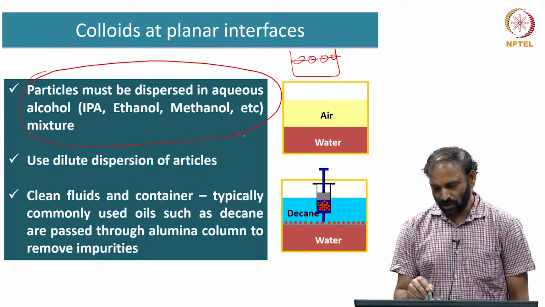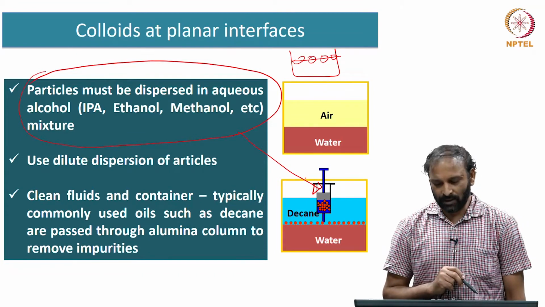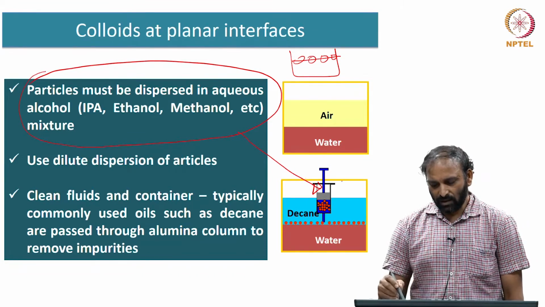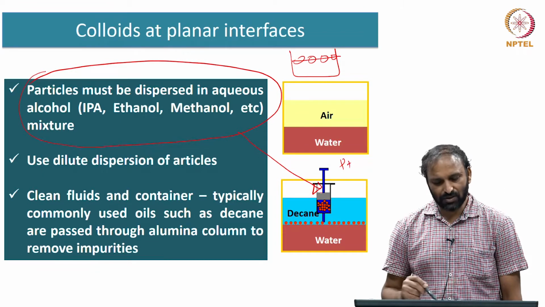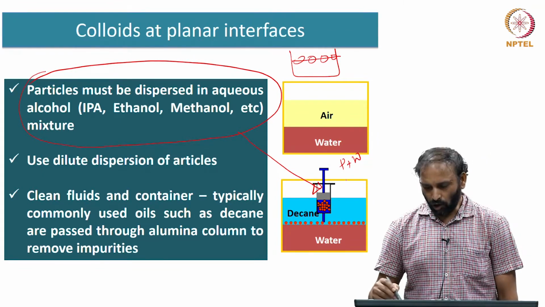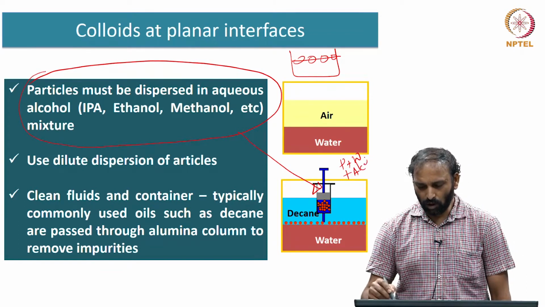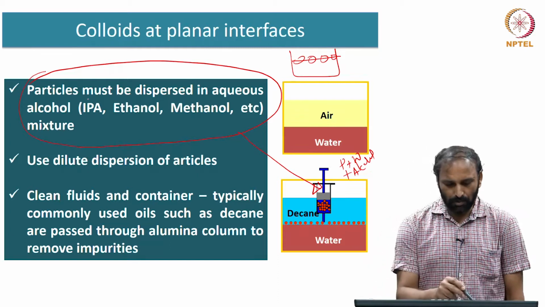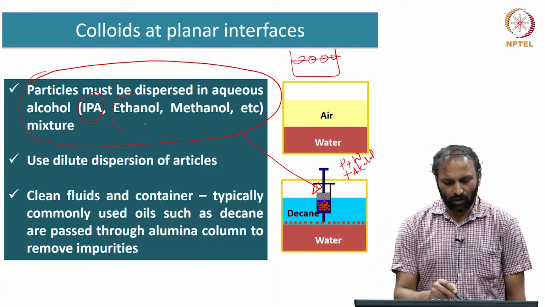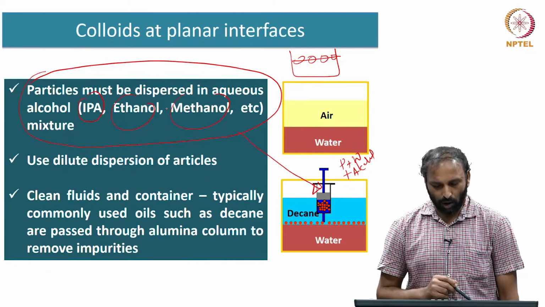So, what you should do is take a micro syringe, for example, and this should contain particles plus, if it is an aqueous dispersion, of course, you will have water. Along with that, you would have to add a small amount of alcohol, and this alcohol could be isopropyl alcohol, ethanol, methanol, or any standard alcohol.